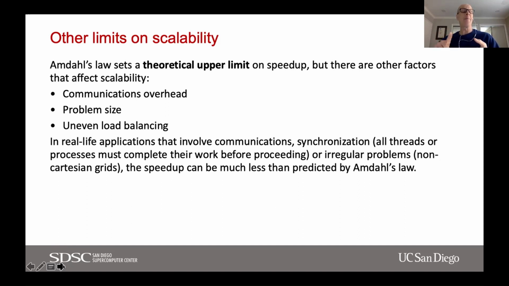And we're also going to be impacted by uneven load balancing, how well we can take the work and divide it up evenly across the processing units. In real-life applications, involving communications and synchronization, say when all the threads or processes have to complete their work before proceeding, or irregular problems, non-Cartesian grids, the speedup can be much less than what was predicted by Amdahl's law.